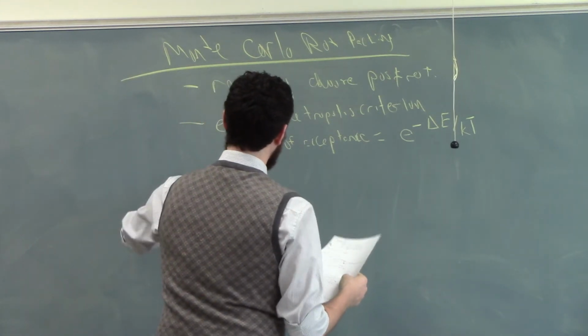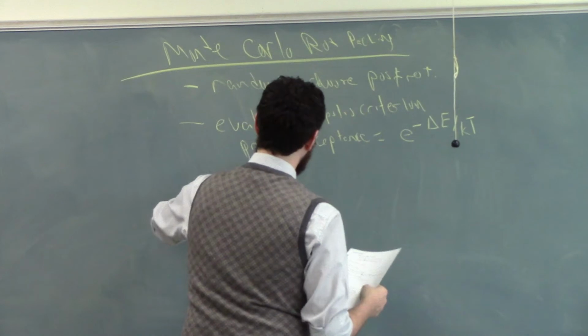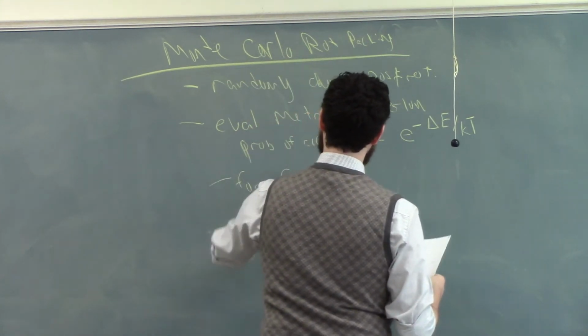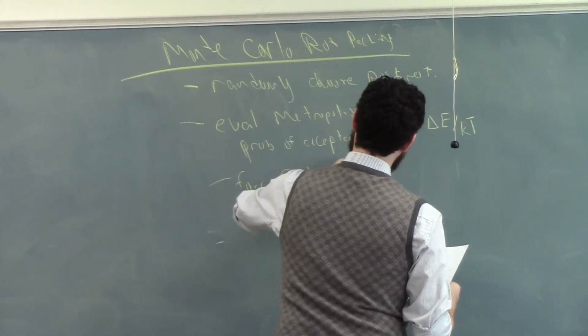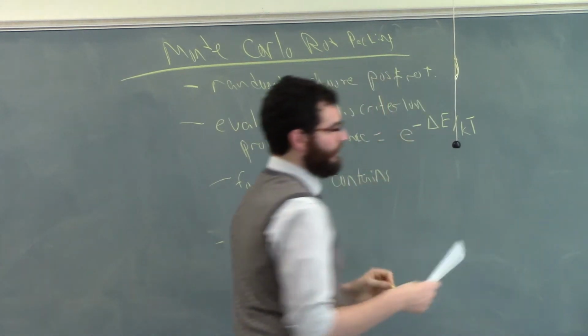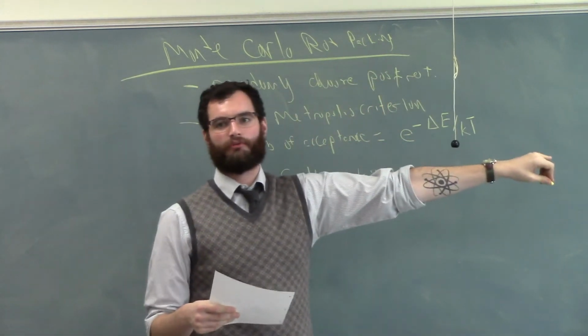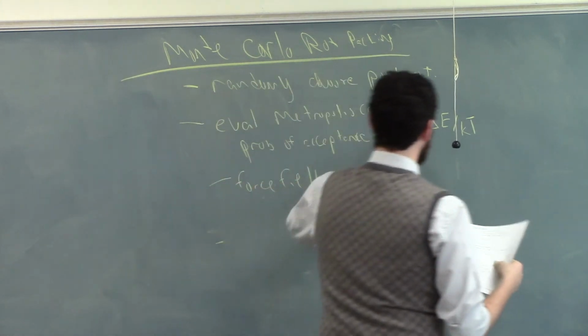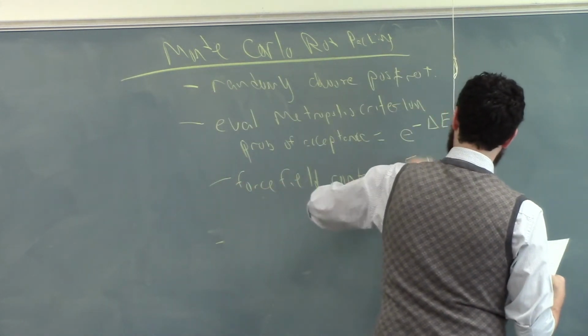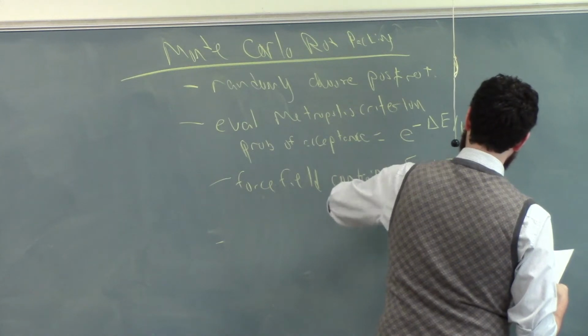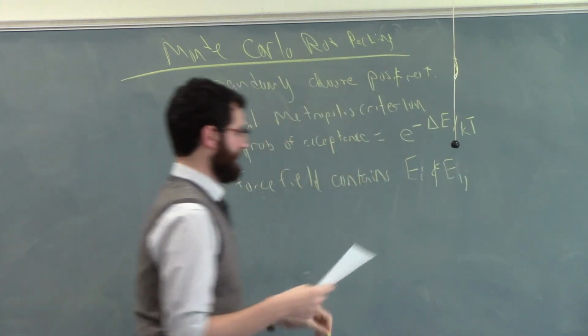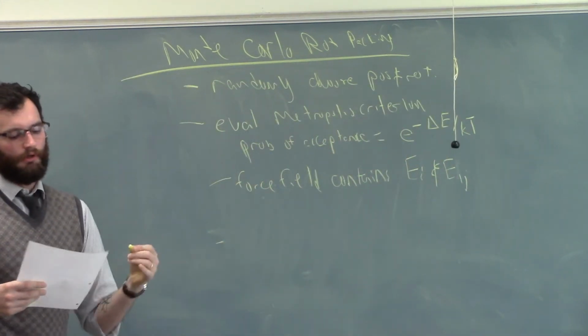And the force field that we use is going to contain those E_i and E_ij terms that we were using explicitly over here. So that's the one-body and the two-body terms for the rotamers.